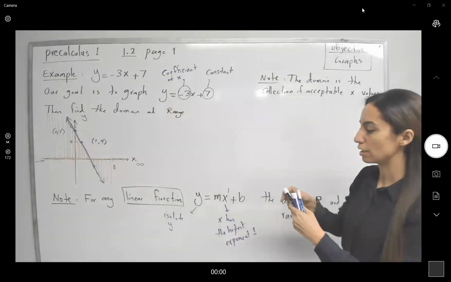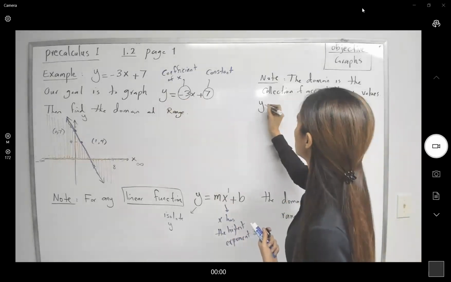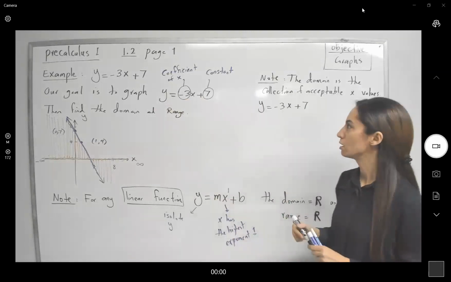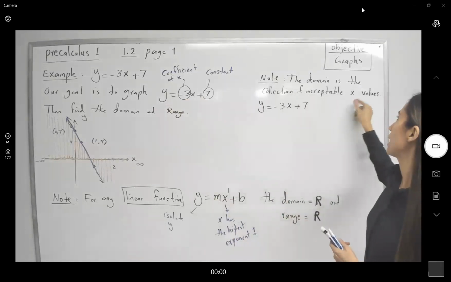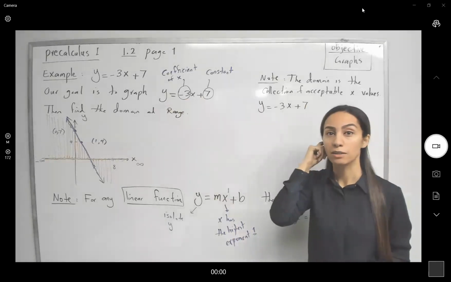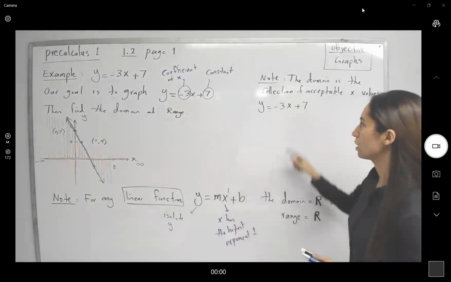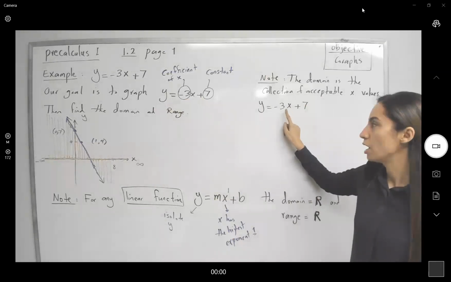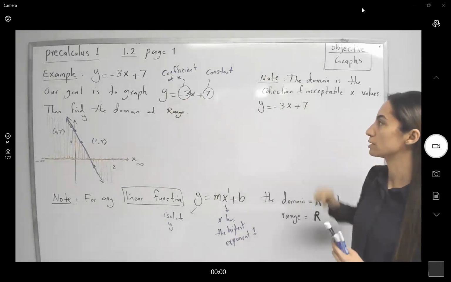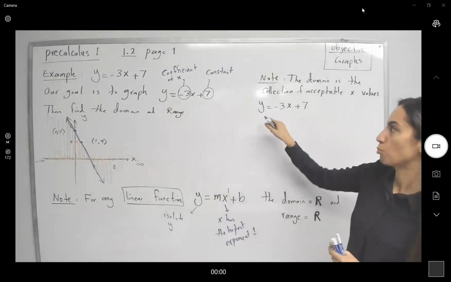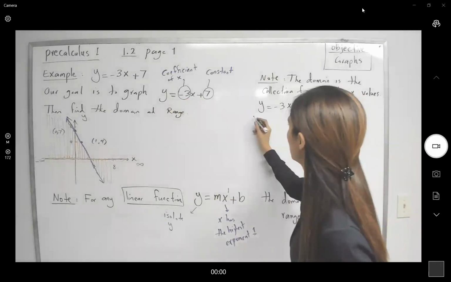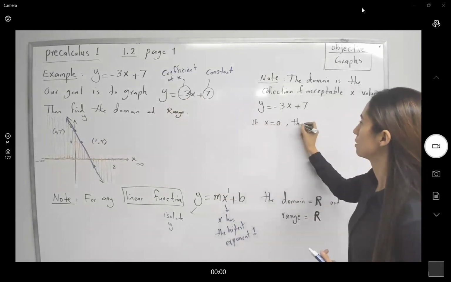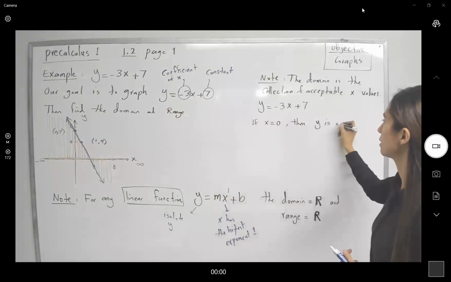It means that I'm dealing with a real number. So for this relation, I have y equals negative 3x plus 7. So acceptable x values. You have to think about it intuitively. Can I plug in 0 here? Of course, if I plug in 0, I get negative 3 times 0 plus 7. It's a number. So my y is a number. If x is equal to 0, then y is a real number.